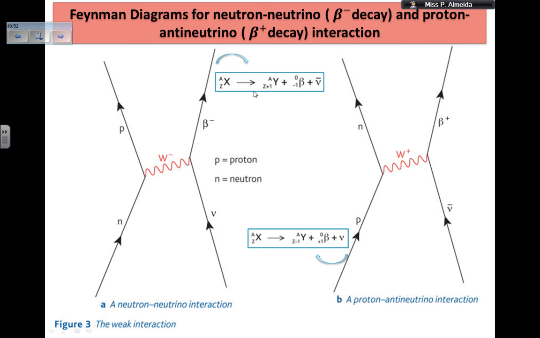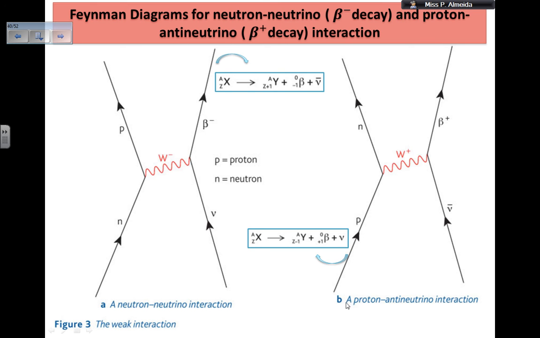So this is the representation of this equation in terms of a Feynman diagram. I have a beta particle, so beta minus, so I get a W minus boson, okay? Now in the positron decay, when I have too many protons, one of them goes into a neutron. This is because of an antineutrino.